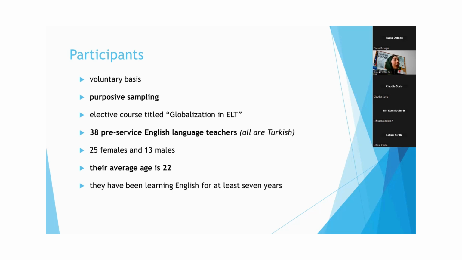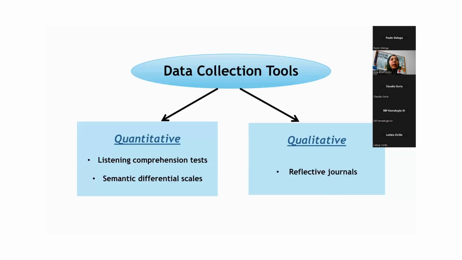Their average age was 20, so they were very young, and they have been learning English for at least 7 years. For data collection tools, as I said, I had quantitative and qualitative tools together. For the quantitative tools, I had listening comprehension tests, semantic differential scales, and reflective journals.